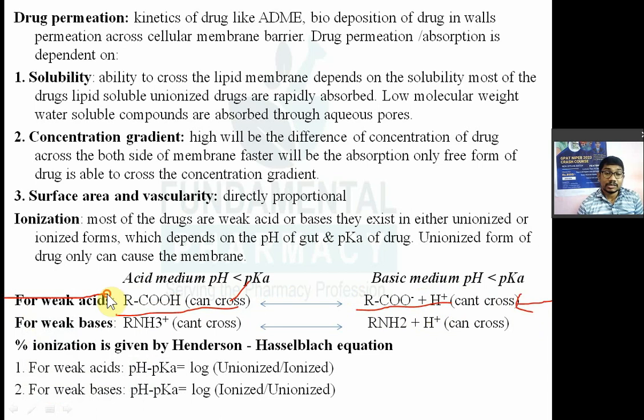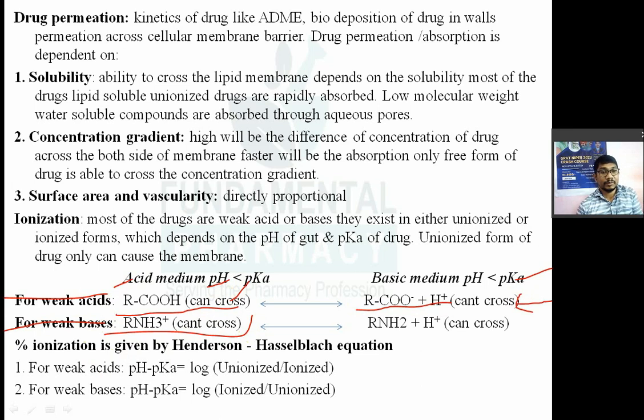So weak acids remain unionized in the stomach, and weak bases are ionized in the stomach. When weak bases go into the intestine, they remain unionized and can easily cross the barrier. That's why most weakly acidic drugs are absorbed from the stomach, and most weakly basic drugs are absorbed from the intestine.